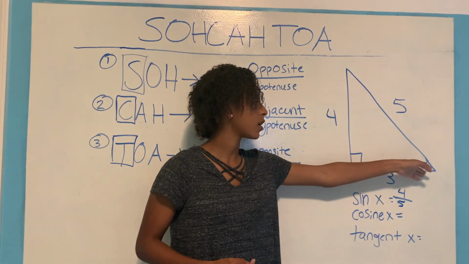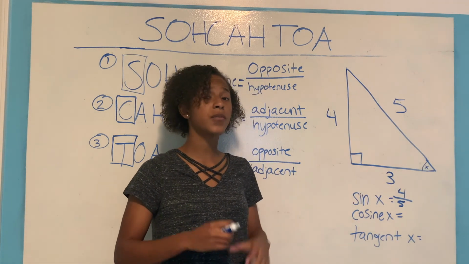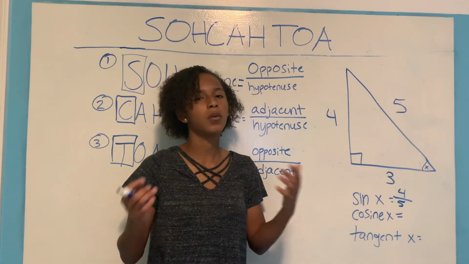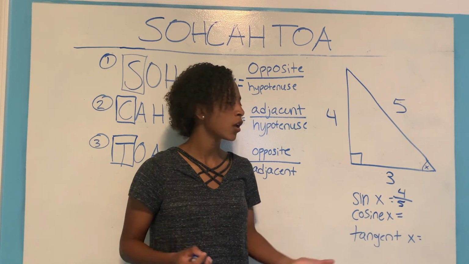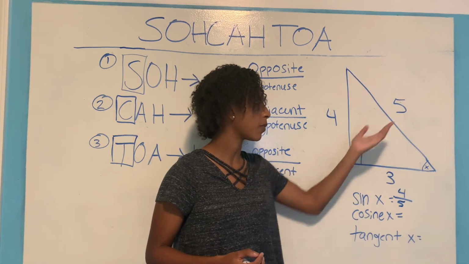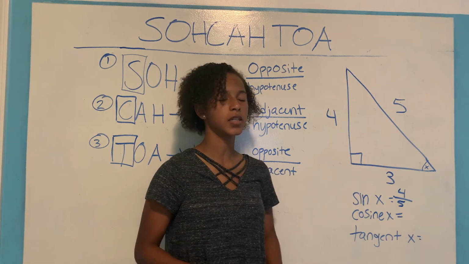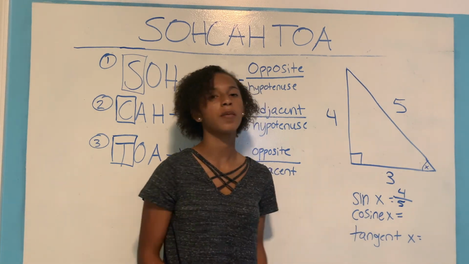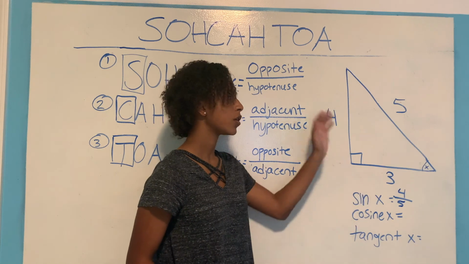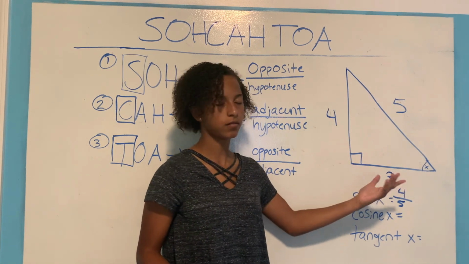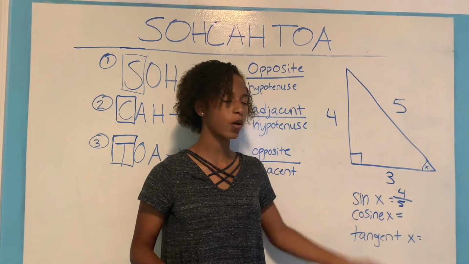If you're still struggling with that, you can always use the process of elimination. You know it's not going to be the hypotenuse, and you already know that this side is the opposite, the one across from that angle. So you can mark those out, and the last one standing is the adjacent one.